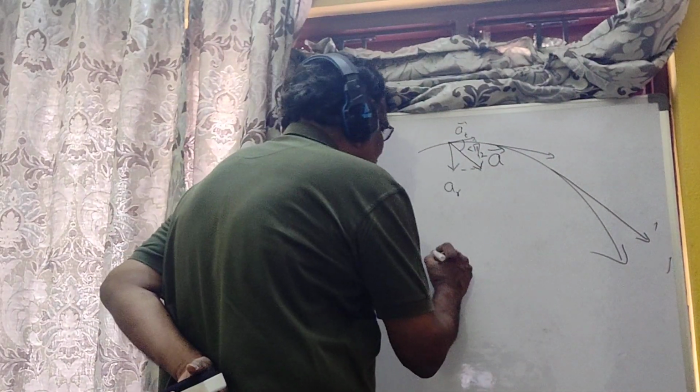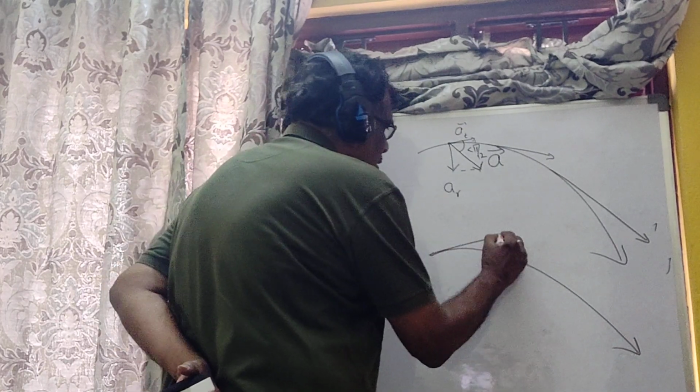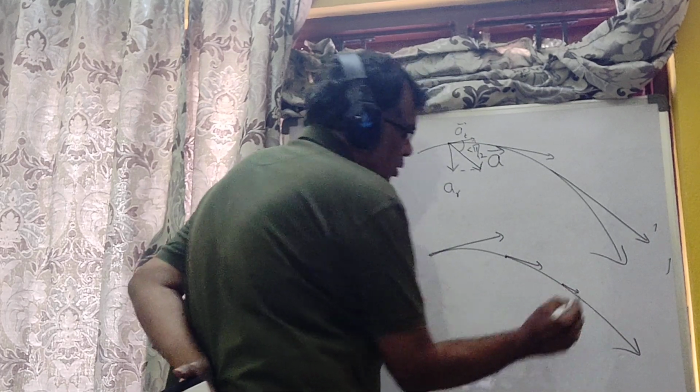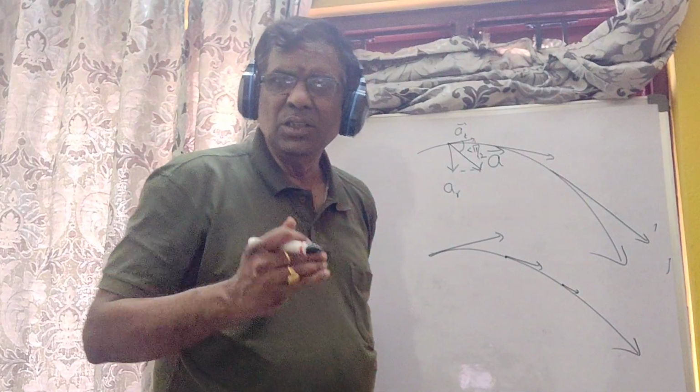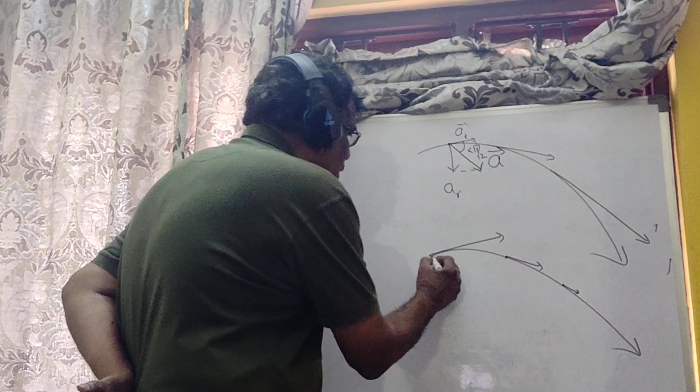Now the second case is, while taking a turn, the judicious way is to decrease your magnitude of velocity and then take the turn. Now look at this.